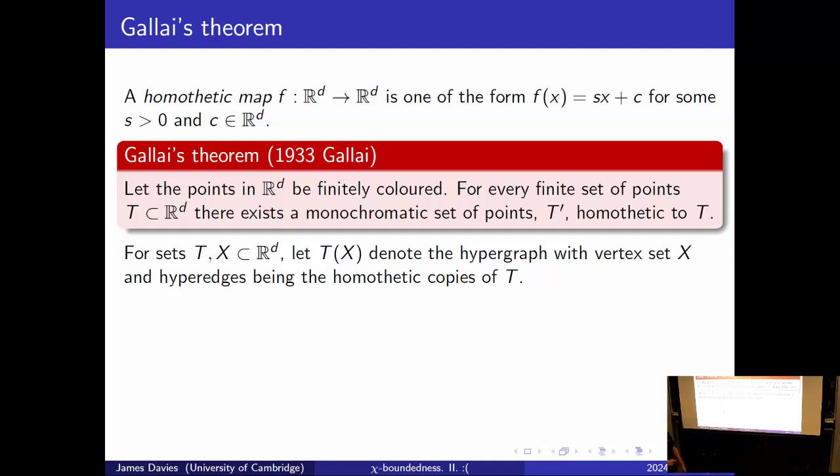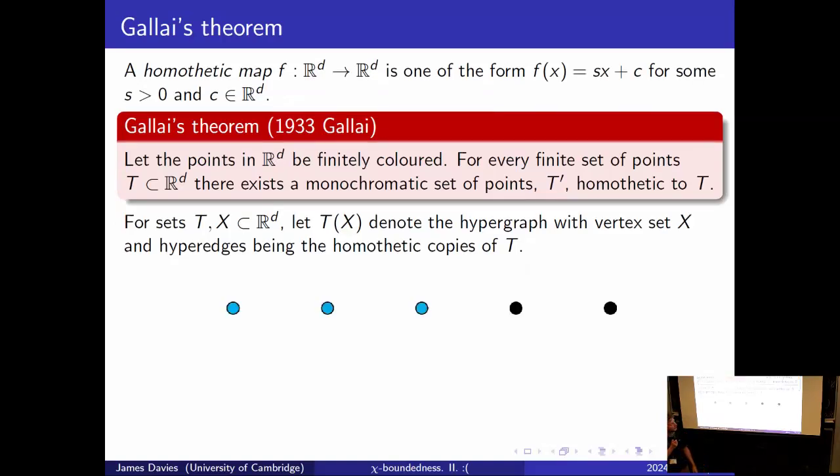To rephrase Gallai's theorem, if we pick some finite set of points T in R^D, then we can find some bigger set of points in R^D so that the hypergraph of homothetic copies of T on this set has large chromatic number. So Gallai's theorem is essentially giving you one construction of a hypergraph of large chromatic number.